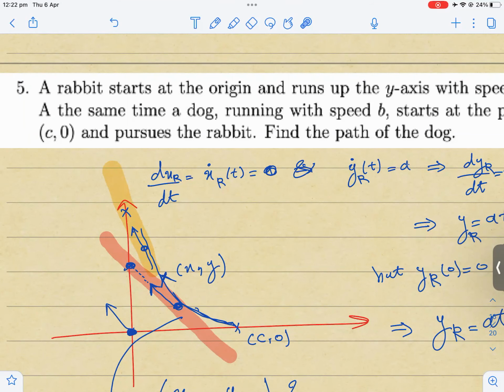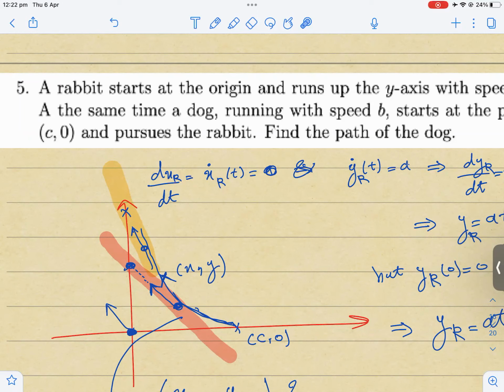The dog is coming with a fixed velocity. We are lucky: its velocity is B. The velocity of the rabbit is A. After T time, its position will be A times T. So Y prime, the velocity of the rabbit, is A.